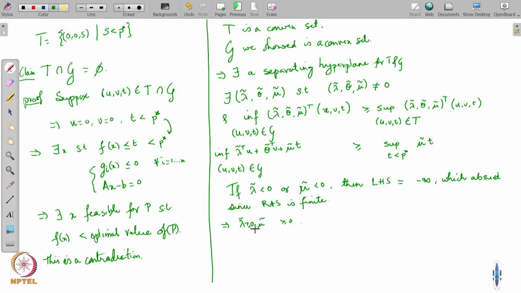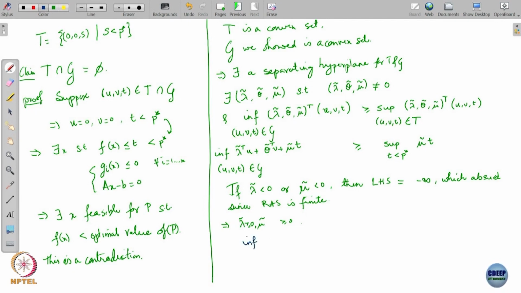Now, if mu tilde is greater than or equal to 0, then that tells us something about what we were talking about here. The supremum here is equal to mu tilde times P star. So, that has simplified our expression a bit. Let me change my color so you can keep track.